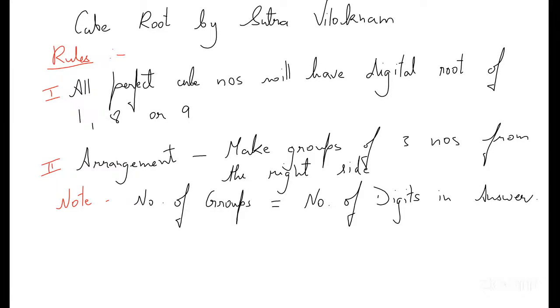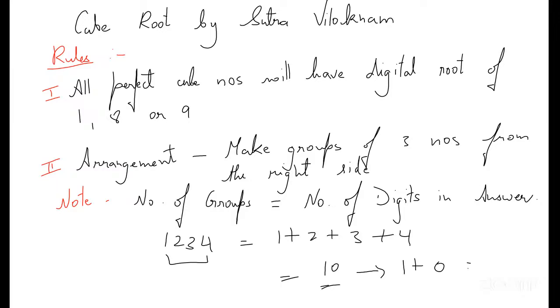Suppose I have 1, 2, 3, and 4. I have to find the digital root of this. So I will add 1 plus 2 plus 3 plus 4. 4 plus 3 is 7, plus 2 is 9, plus 1 is 10. Now add 1 plus 0, the digits of the answer, which comes to 1.